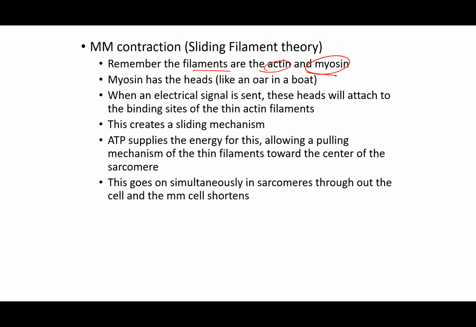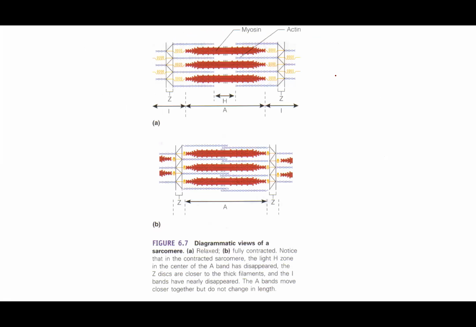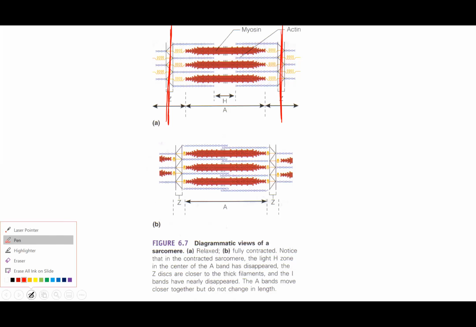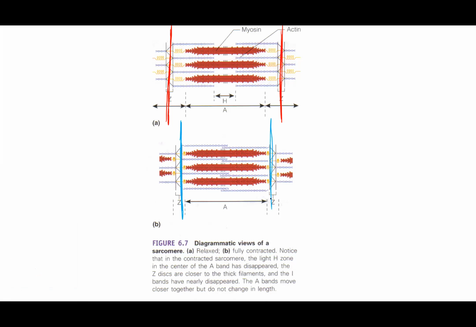All right, so what ends up happening is, if you look right here, that has a certain distance. And then when you compare it to the contraction below, this has a certain distance. You can tell it is shorter.